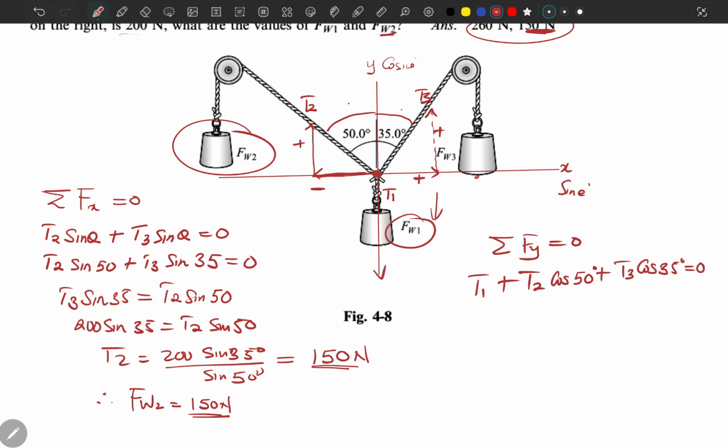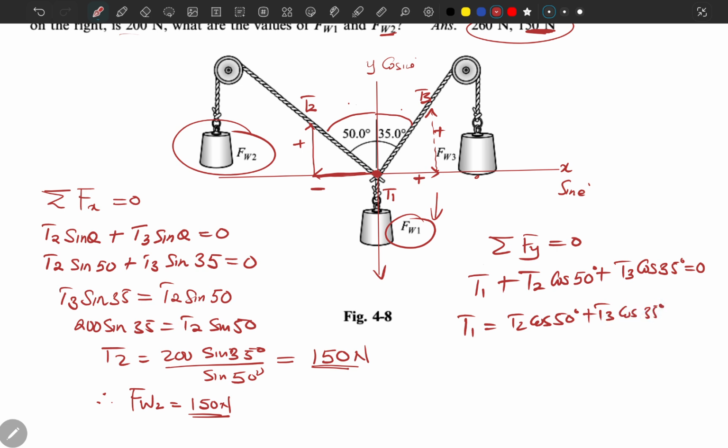Remember that the weight of anything acts downwards. Because it's negative, we can just say that T1 is equal to T2 cos 50 degrees plus T3 cos 35 degrees.